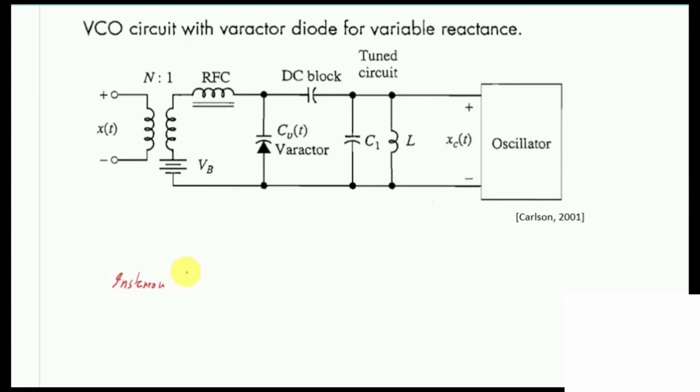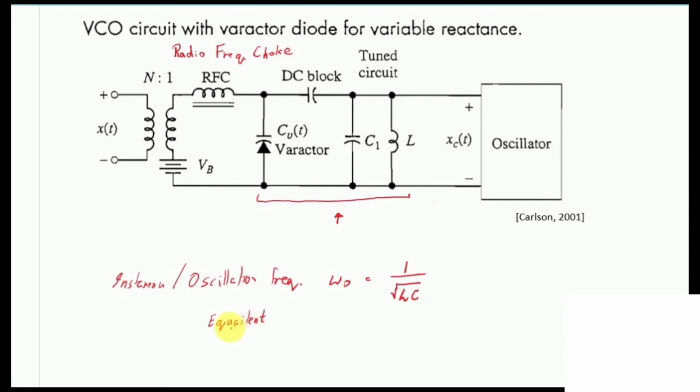The instantaneous or oscillation frequency, that is omega naught, is equal to 1 over the square root of the inductor and equivalent capacitance, where the equivalent capacitance C is equal to C naught minus K m(t). Here C naught is the fixed capacitance obtained from the circuit and from the nominal value of the capacitance of the varactor diode.